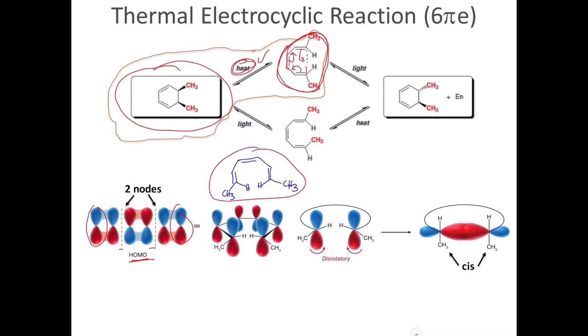So this one, the methyl group, is that one, and this other methyl group, the one on the left, is this one. Okay, so let us assume this is number 1 and this is number 6. So 1, 2, 3, 4, 5, 6.